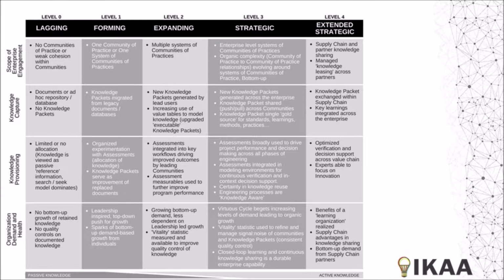So the Knowledge-Aware Maturity Model was developed to assess an organization's level of maturity regarding its management and use of corporate memory. It consists of three important components. First, along the left-hand side are four key organizational features.